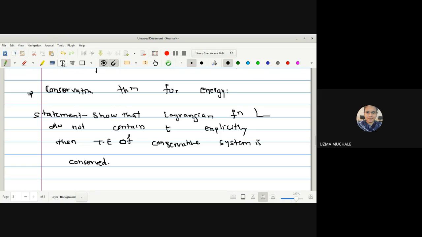Okay, what is given? Given that the Lagrangian L does not contain the time t explicitly, then we have to show that total energy is conserved.